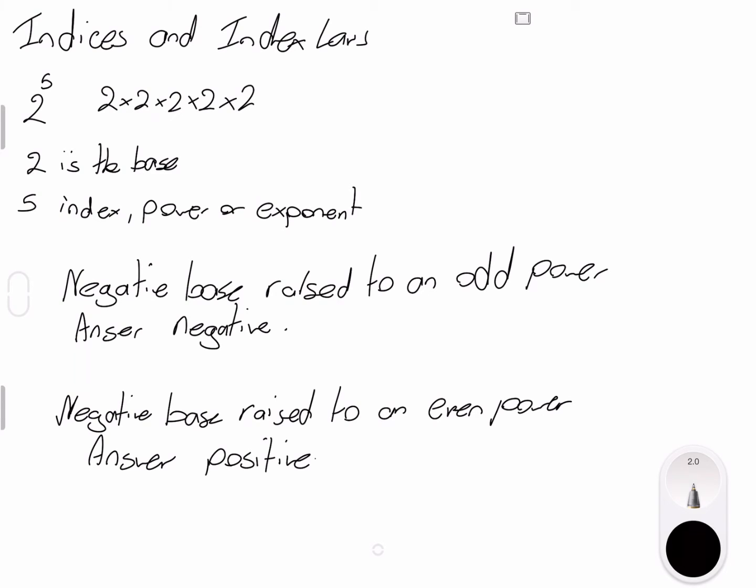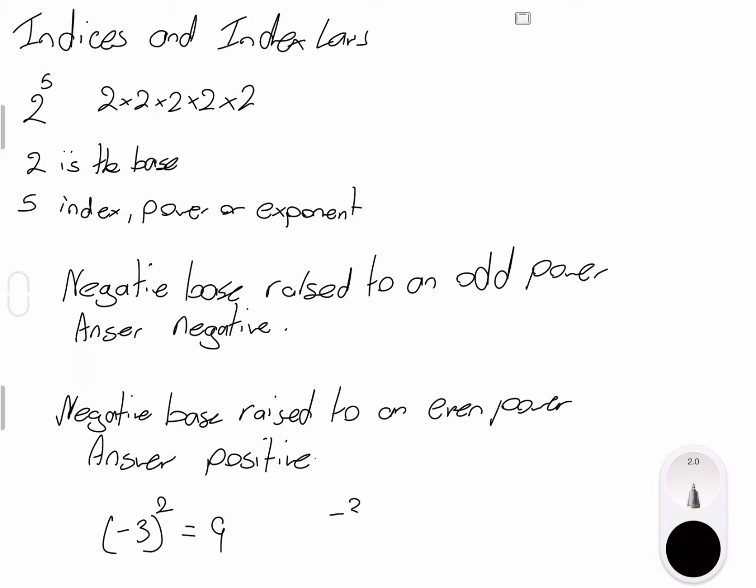What does this look like? Well, if we use negative 3 as an example, negative 3 to the power of 2, negative 3 times negative 3 is just 9, so a negative times a negative is a positive.